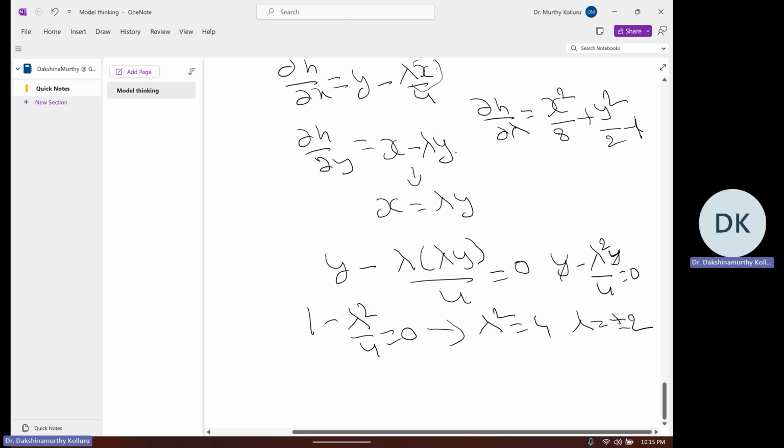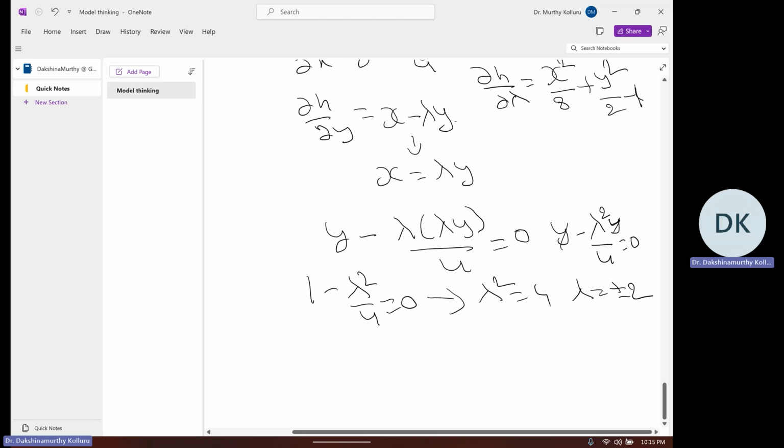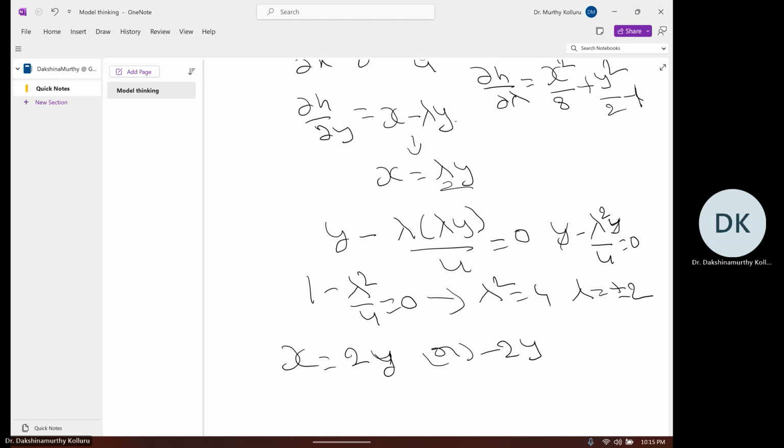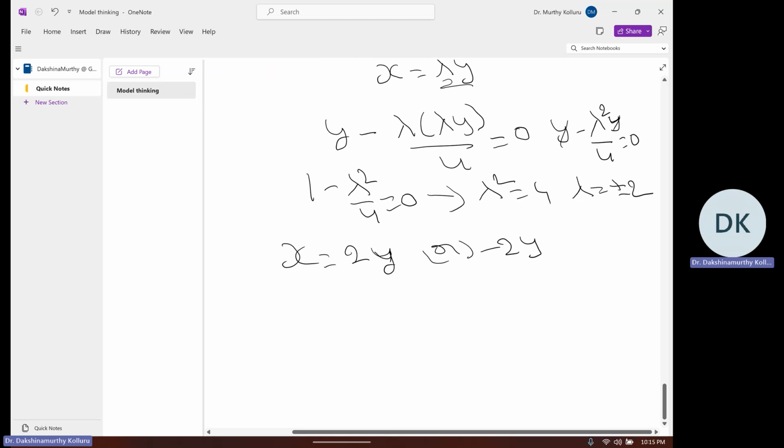Now I can use this x is equal to lambda y. If I substitute the lambda value here, x is equal to 2y or minus 2y. Now I go to the constraint and substitute that in x squared by 8. So I'll get one equation in y and I can solve it.